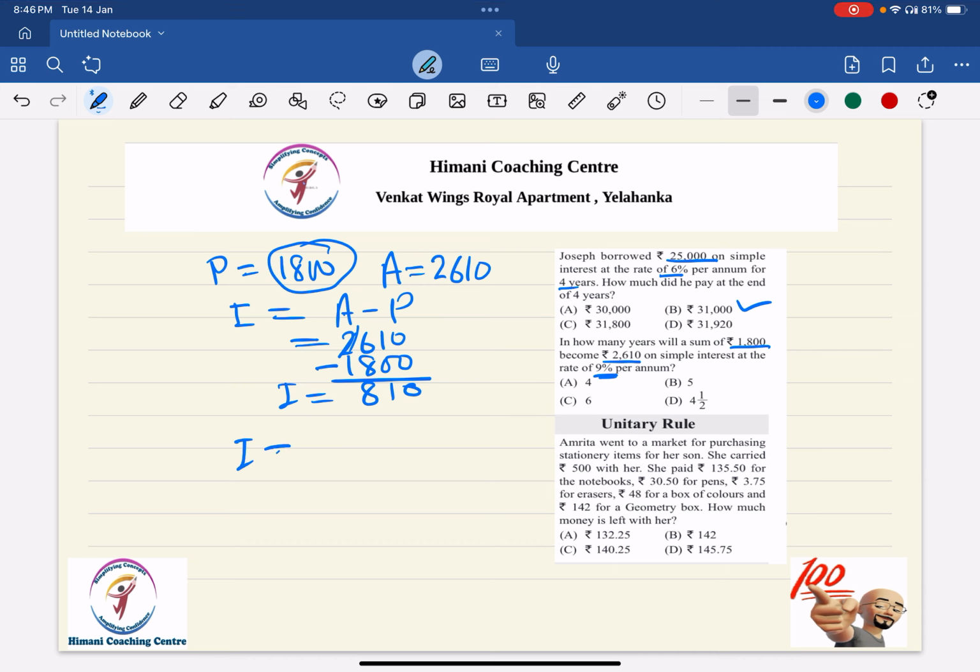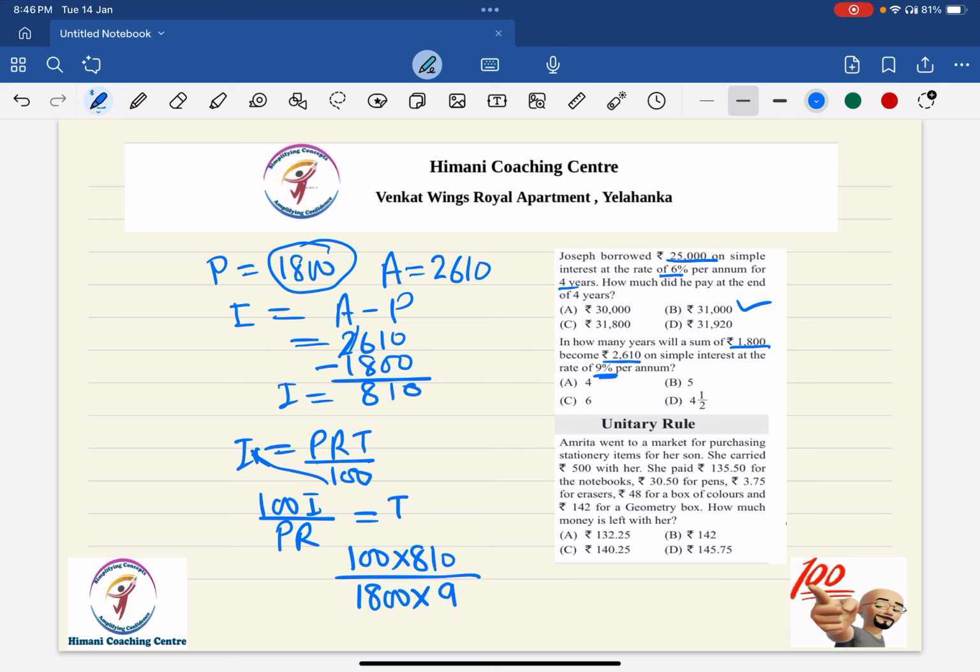So what is the formula we have? I equals PRT by 100. So I can write that 100I upon P times R is equal to time. Let us now put the values. 100 times 810 divided by 1800 into 9, because that is the rate given to us.